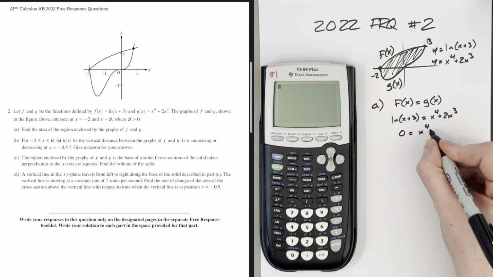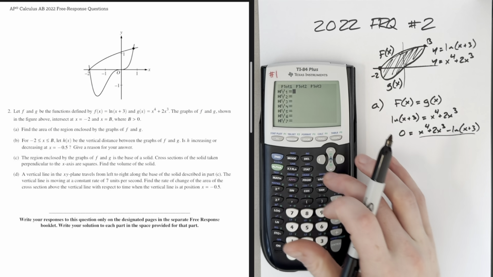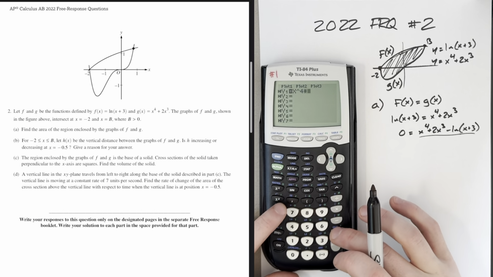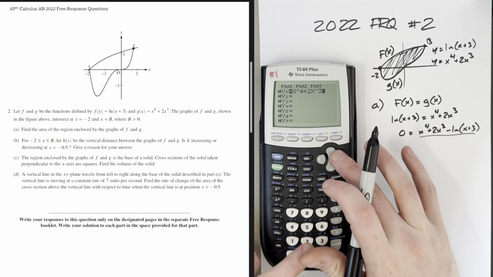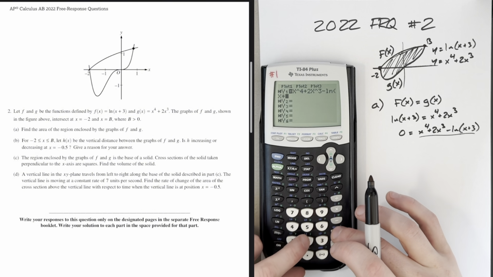So I'll get 0 equals x to the fourth plus 2x cubed minus the ln of x plus 3. And I'll graph this right side as a function: x to the fourth power plus 2x to the third power minus the ln of x plus 3.